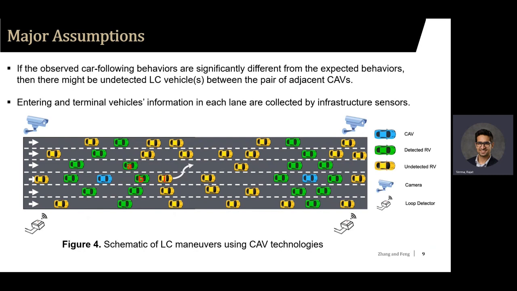To this end, we need to make some major assumptions in our project. The first is, if the observed car following behaviors are significantly different from our expected behaviors, then we assume that there might be undetected lane change vehicles between a pair of CVs.